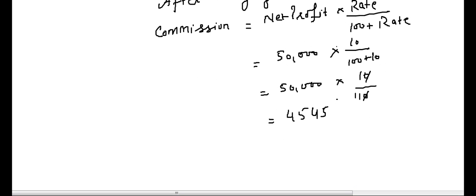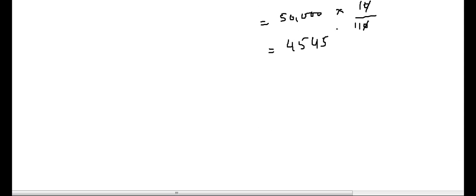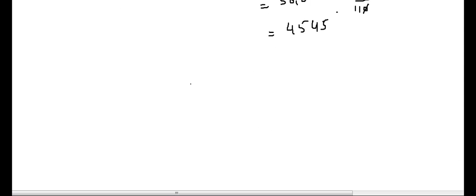Now I will show you the mathematical calculation of this formula. Let's see. The question says that commission is to be paid on net profit after charging such commission, and we have to calculate the amount of commission.